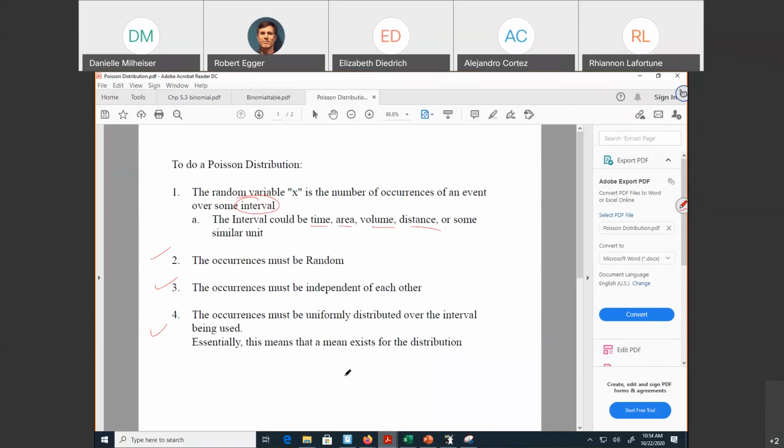Example: hurricanes per month, or the number of colonies of bacteria in a certain area per unit area. The distribution of bomb hits over a given area of London in World War II: break London up into areas, you get a distribution. Okay.